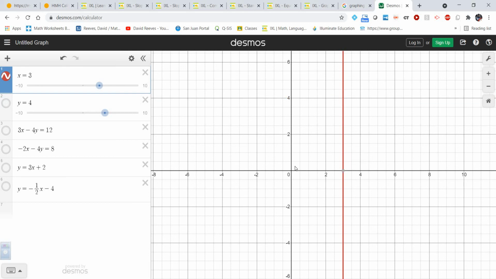Just like before, though, we can move this around, and you see that point down on the x-axis moving? Well, that simply tells you the value that x is. Because it goes straight up and down, the x value stays the same. No matter where I am on that line, x always equals negative 5.